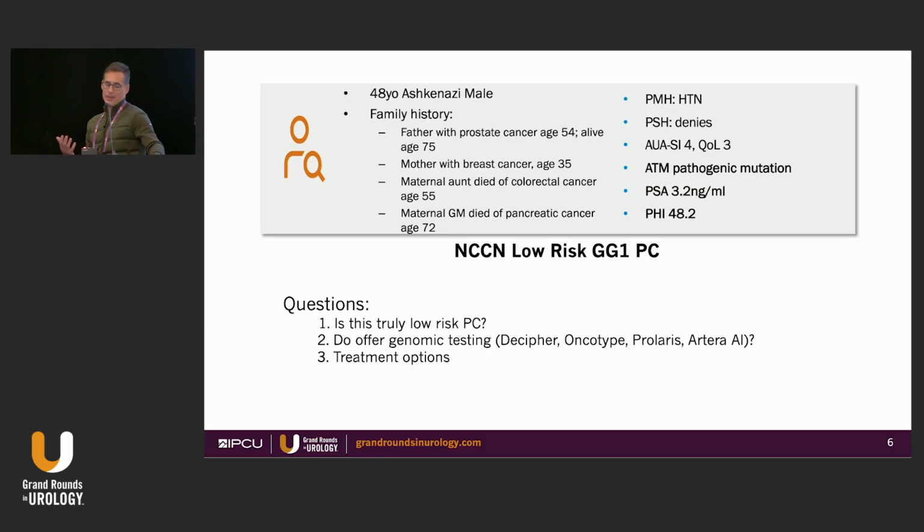Do you use Artera, or are you using all the tests? So for this, as on a research protocol more than anything else, we still do genomic testing for all of our active surveillance patients, but again, that's very data driven, and it's just a piece of the pie. How many factors suggest this guy will be successful in active surveillance, and how many of those, whether genomic tests, PSA, pathology, et cetera, suggest he's not the best candidate?